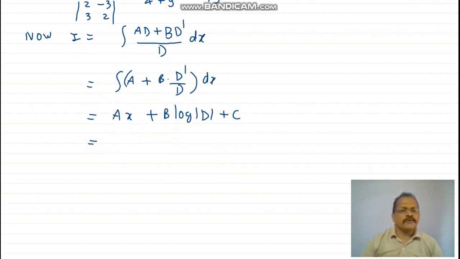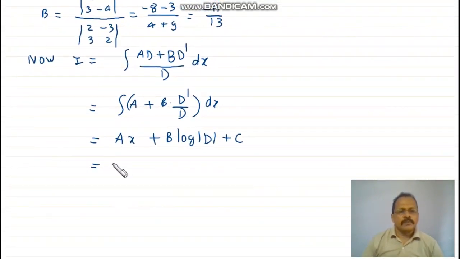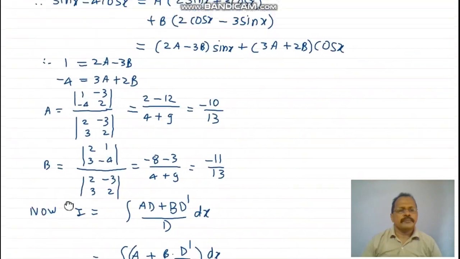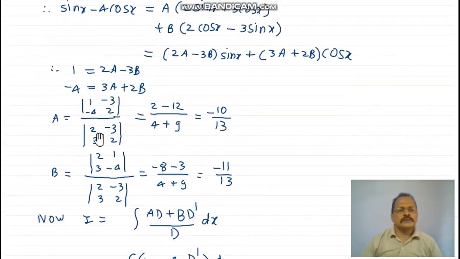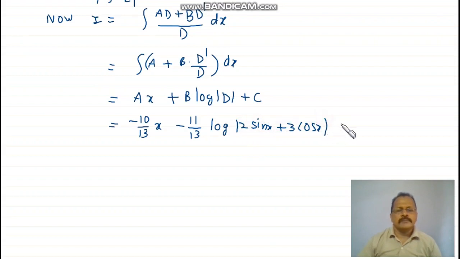Equal to a, the value of a we have found out, minus 10 upon 13 x, plus b, whose value is minus 11 upon 13, times log|D|, which is 2 sin x plus 3 cos x, plus the constant of integration c. This is your final answer.